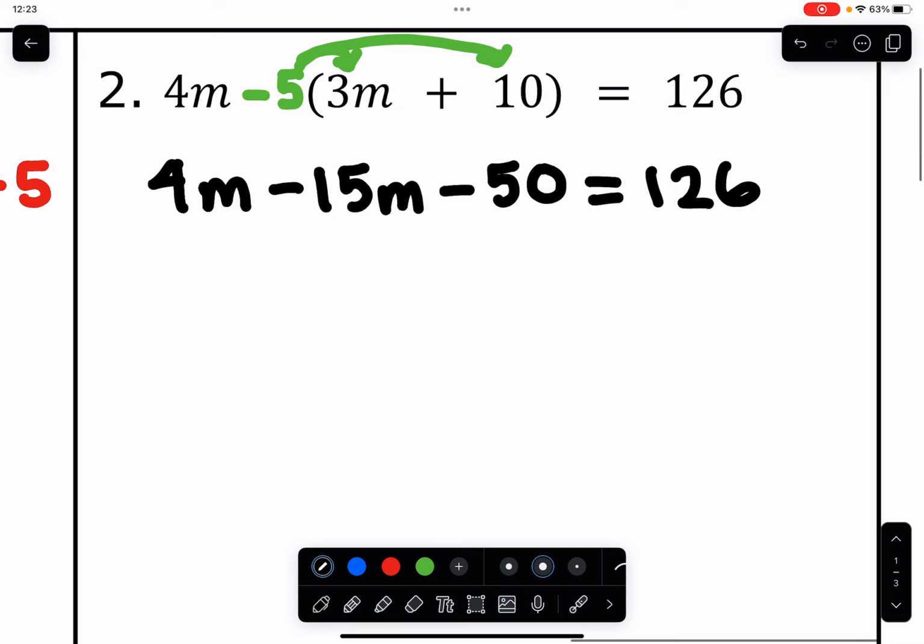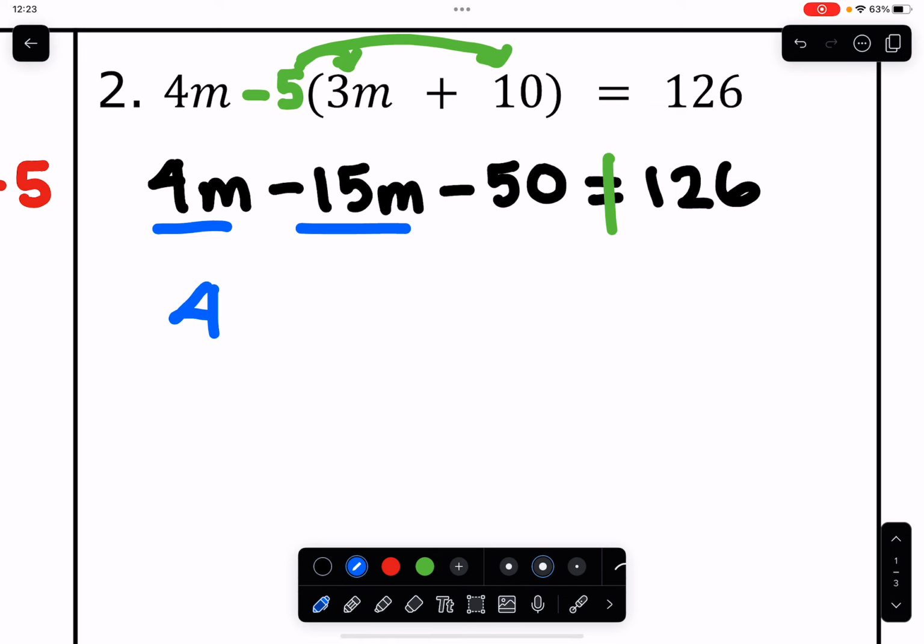And now, just so we can visually see, this is my equal sign. I want my variables to be on the left side, so I want these two variables to stay on the left side. So they're going to stay positive 4 and negative 15m.